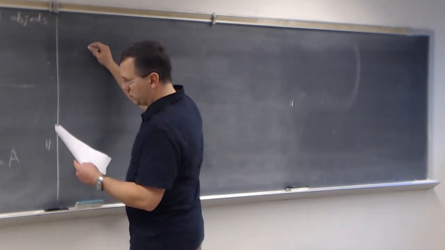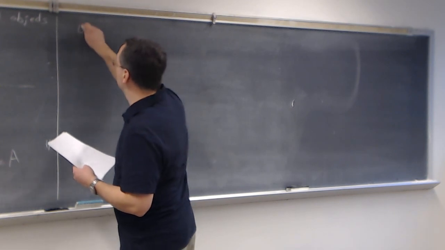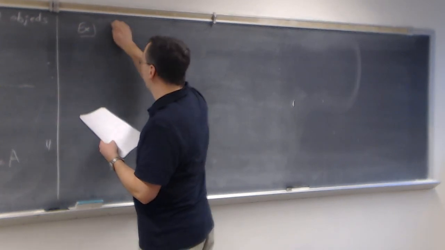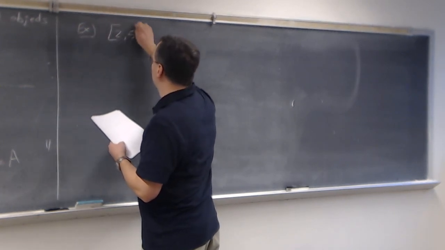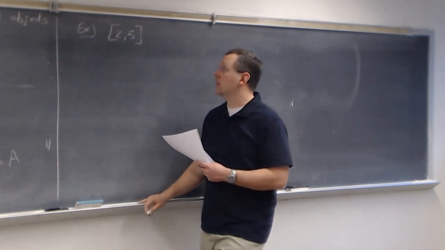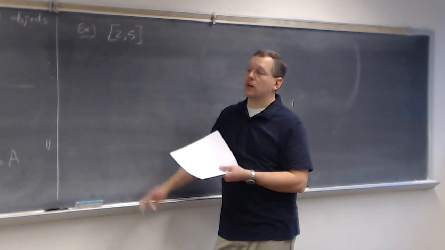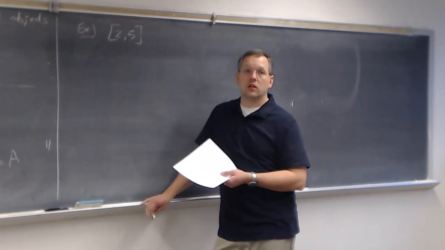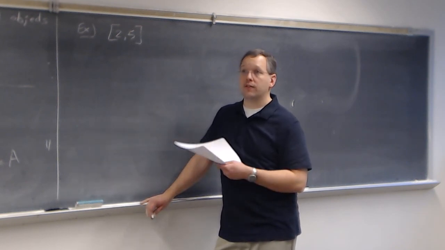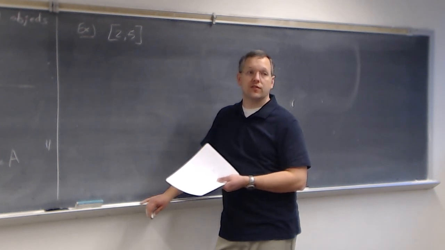Okay, so let's do some examples with some intervals. So this is an interval, okay? It's the interval from 2 to 5. Since I have closed brackets, this means the set of all numbers between 2 and 5, including the endpoints 2 and 5.